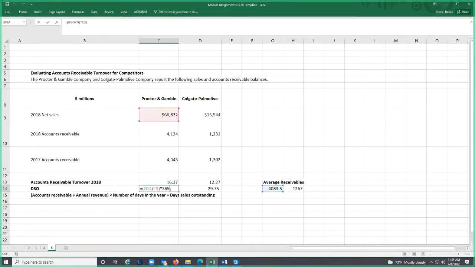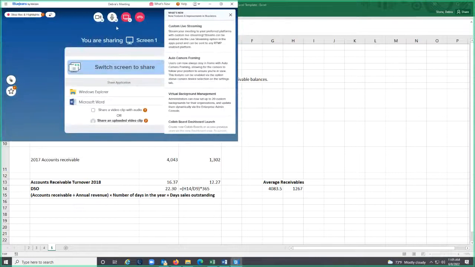If I look at this one, you can see I took G14 divided by the average receivable times 365, and G14 is the net sales, so net sales divided by average receivable times 365, and the same goes for the other. I hope that helps you make everything so much easier when you're doing the problems.